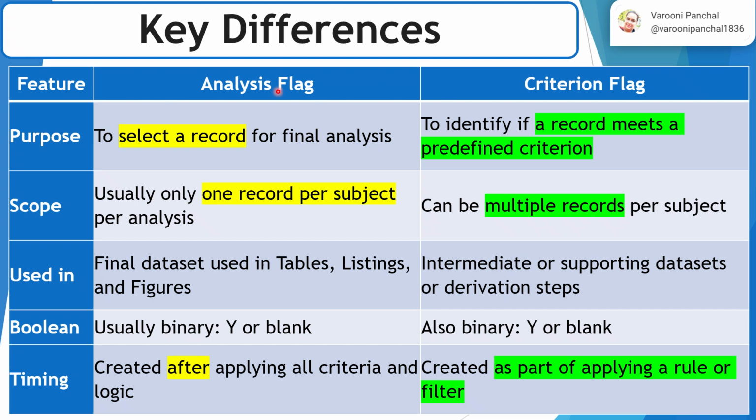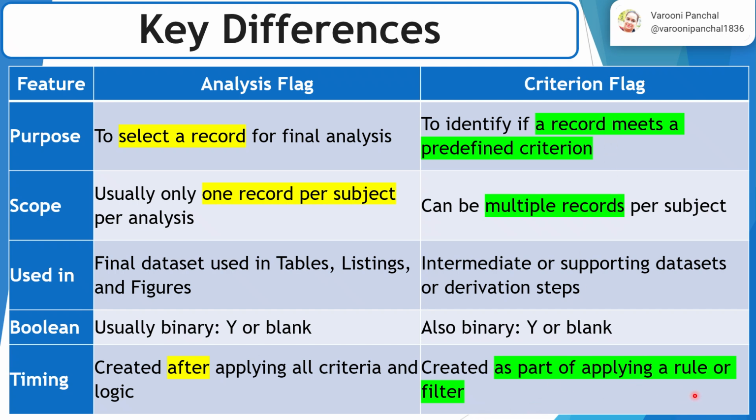Now the timing: the analysis flag is created after applying all criteria and logic. So say I have completed all the criterion flags. First I will do the criterion flag, and then I will create the analysis flag based on these criteria and logic. The criterion flag is created as part of applying a rule or a filter.